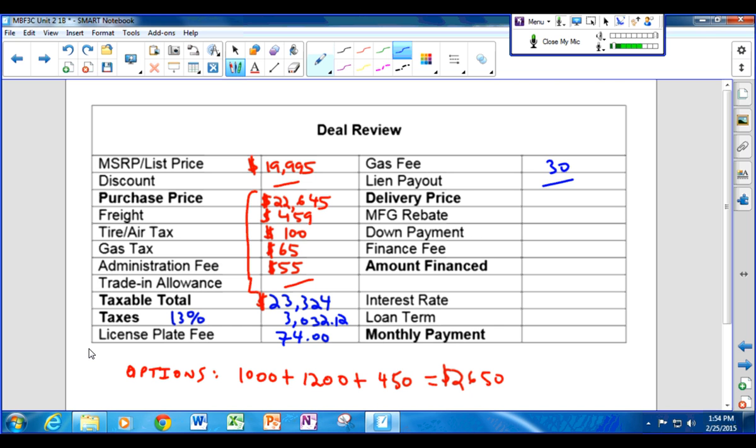And then the delivery price is just the sum of all of these things right here. So 23,324 plus the $3,032.12 plus the $74 plus 30, and the delivery price that I have is $26,460.12. Okay.